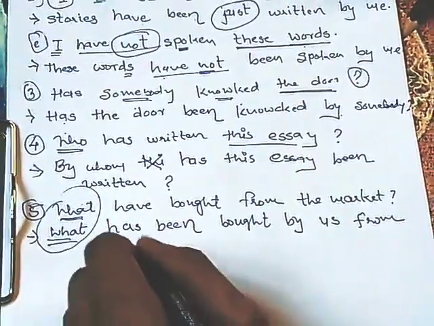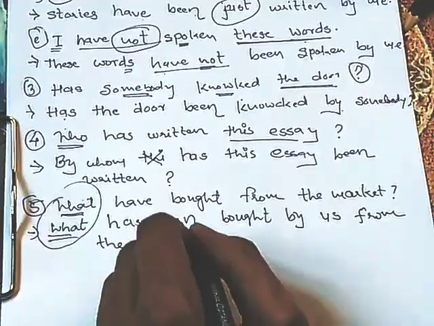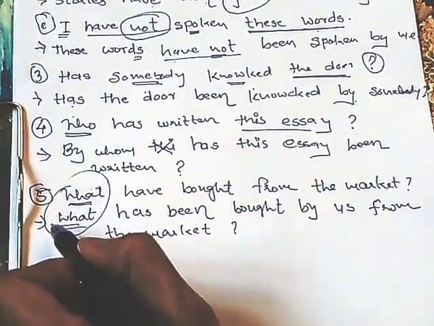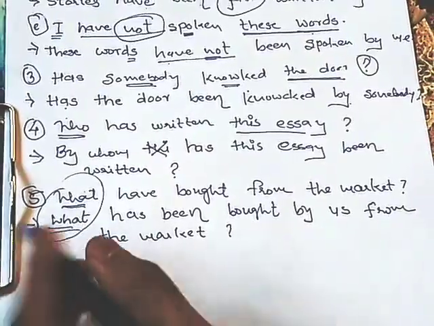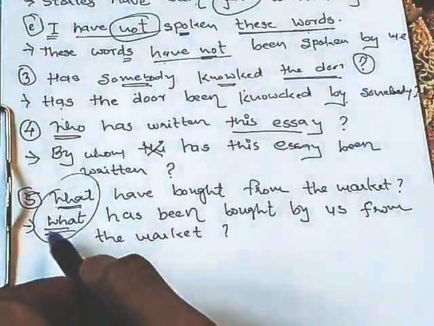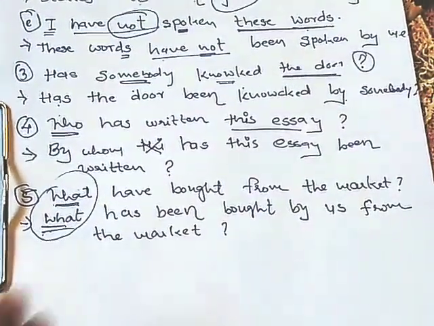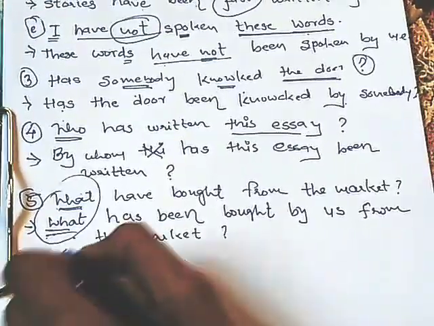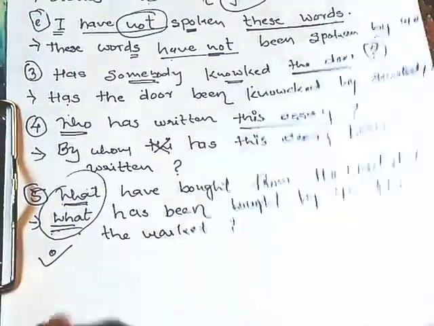From the market. At last, the question mark. Again I am going to repeat it. In the very beginning, if the question starts with what, where, why, when or how, at that time the structure is like this, nothing to change.